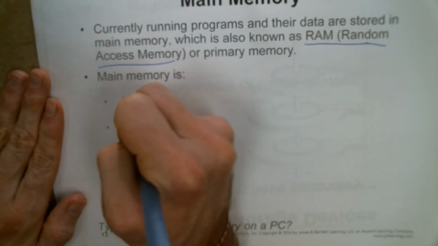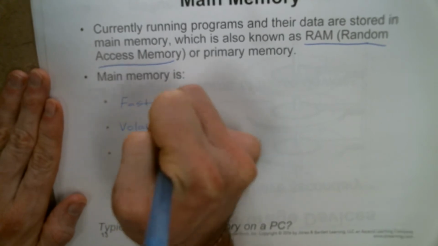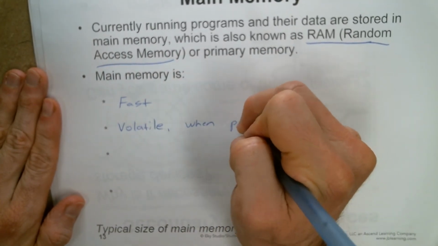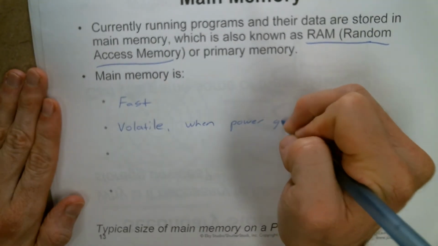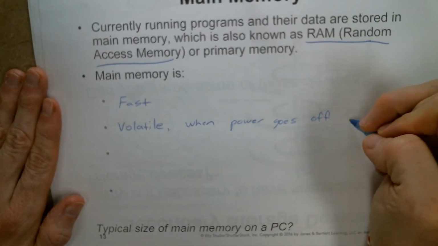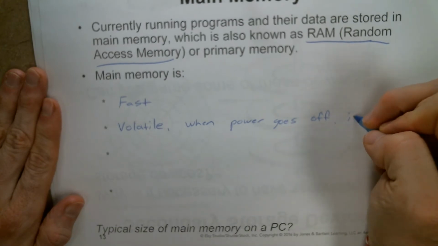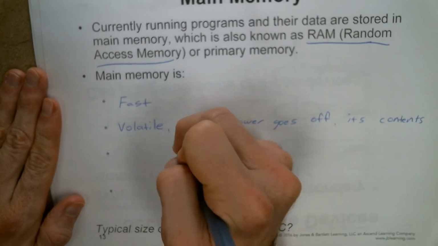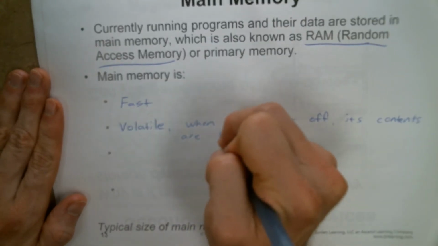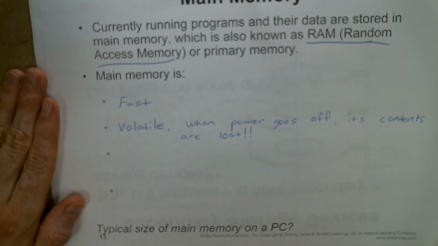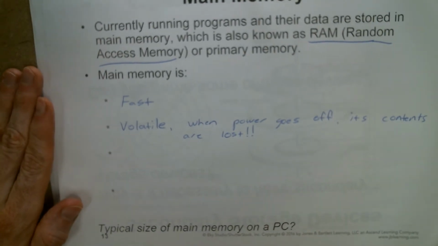A downside is that it's volatile, all right? Which means that when power goes off, its contents are lost. So obviously, when you turn the power off, your hard drive doesn't completely disappear because your hard drive is not main memory.